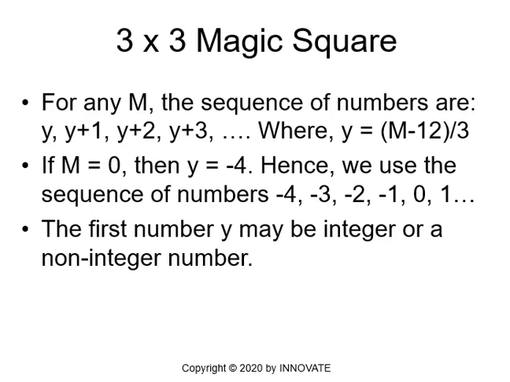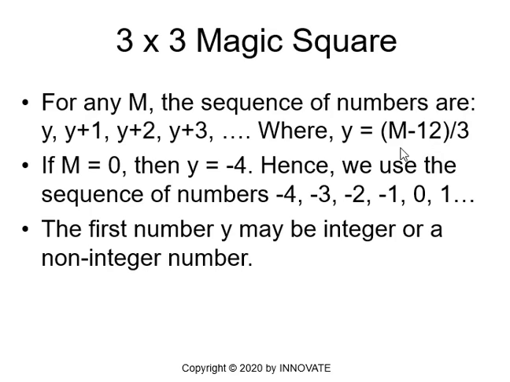At that time, you will use this sequence: y, y plus 1, y plus 2, y plus 3, and y could be an integer or a non-integer number, could even be a fraction. Now the value of y that you start with will be (m minus 12) divided by 3. So for m equals 0, you'll have y, which is minus 12 over 3, which is equal to minus 4. I will show you how we get this equation, y equals (m minus 12) divided by 3.